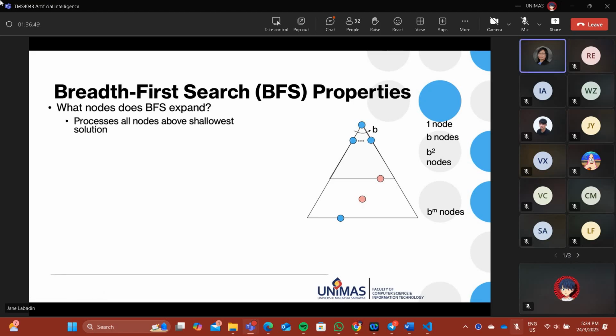So the process is that it processes all the nodes above the shallowest solution.